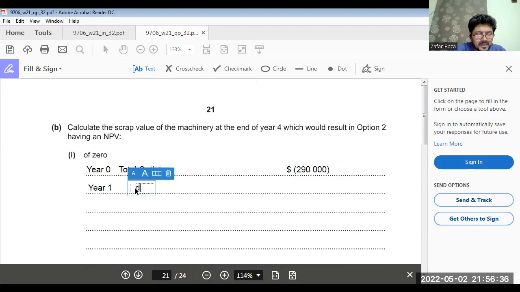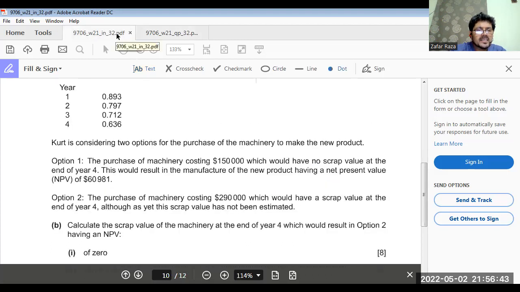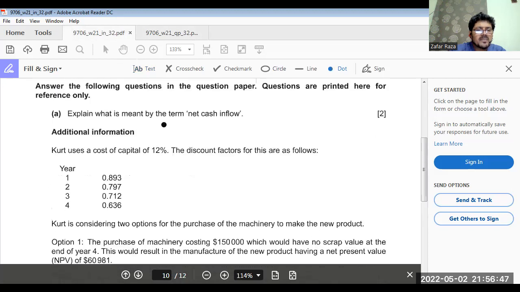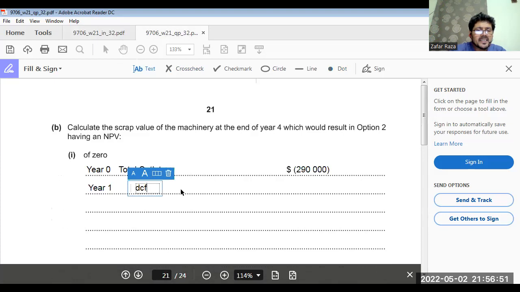DCF, discounting factor, how much? That is 89,000 multiplied by 0.893.